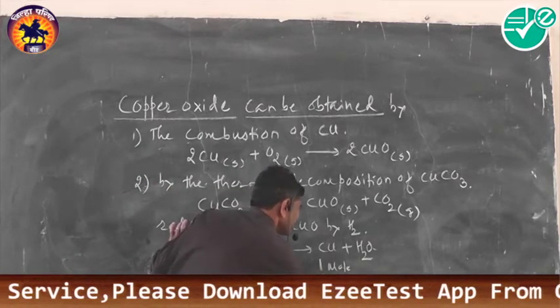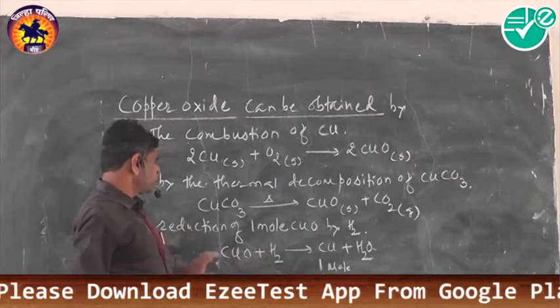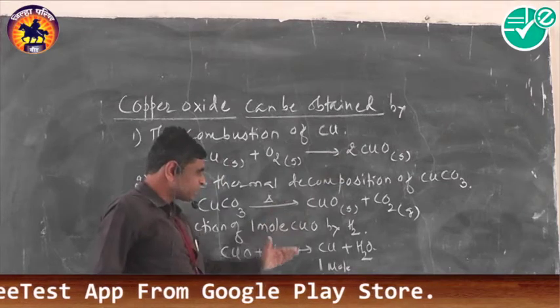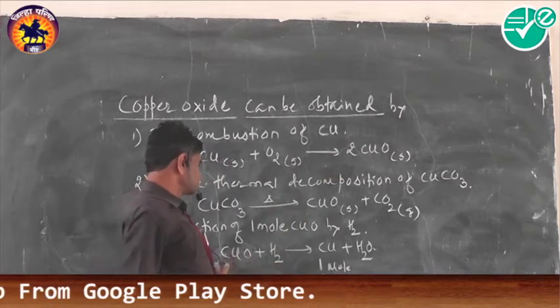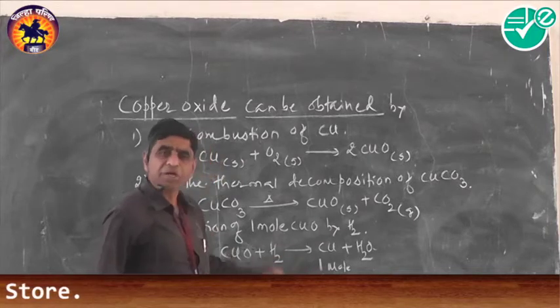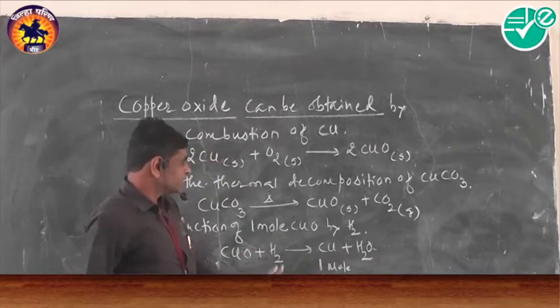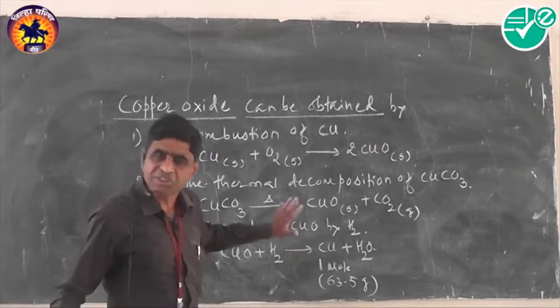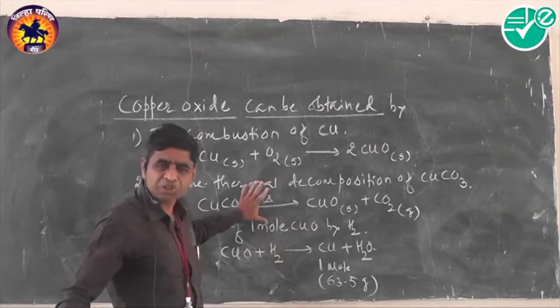So the amount of copper present in 1 mole copper oxide is the same, though the methods of preparation are different.